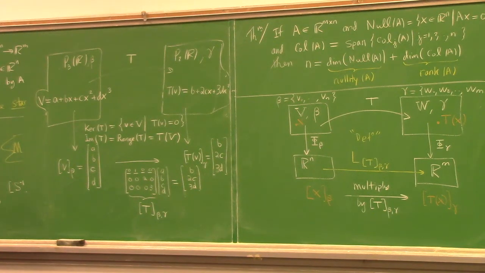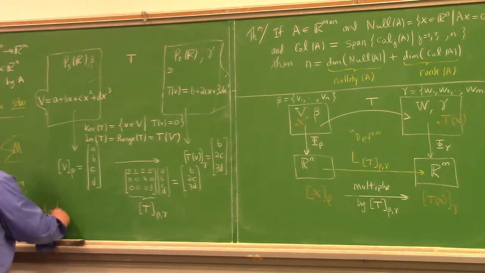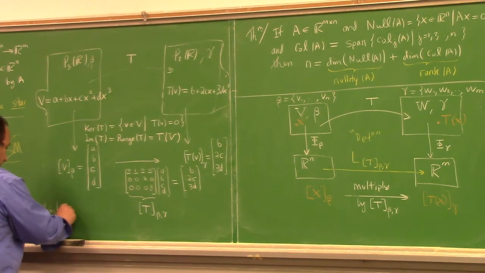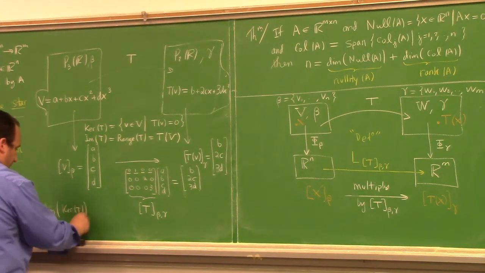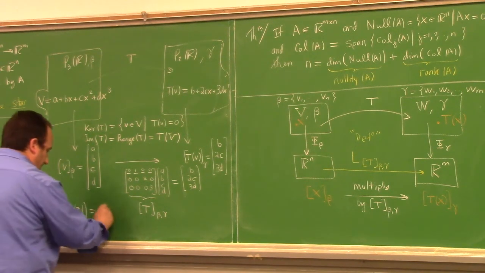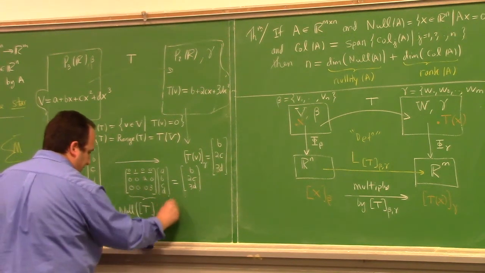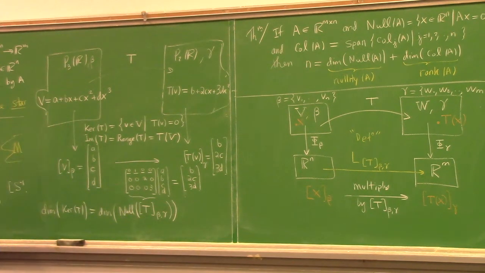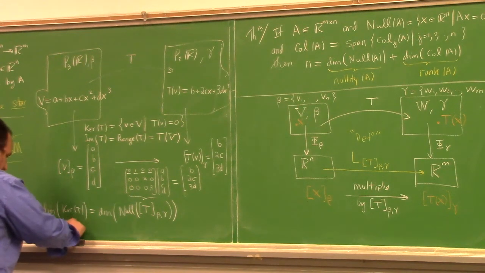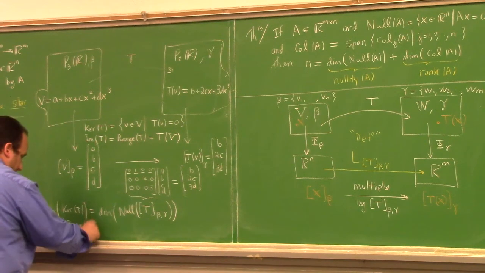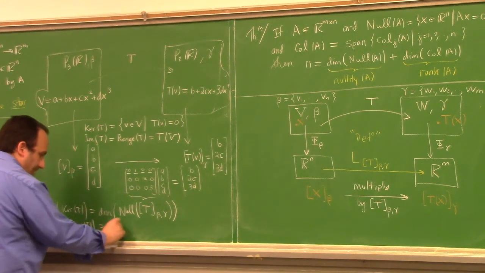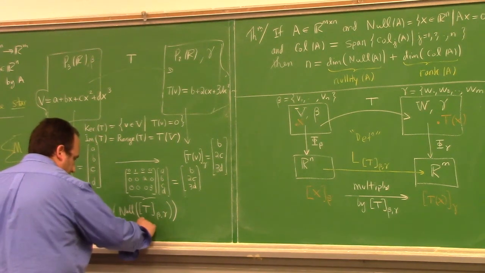But there's other things, like, the thing that I think is perhaps interesting is this: the dimension of the kernel of T is equal to the dimension of the null space of the matrix. The dimension of the range is, guess what? The dimension of the column space of the matrix.